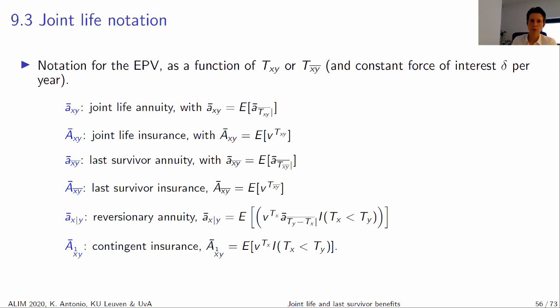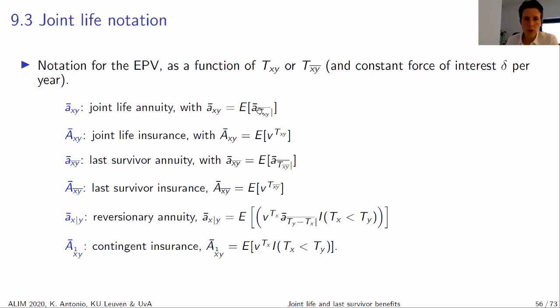So if I think about how to value this annuity, this is something you learned in the basic life insurance mathematics course. So we know that for an annuity in continuous time, we can see the EPV as the expected value of a certain random variable. And in this case, what is random is the duration of this annuity. Yeah?